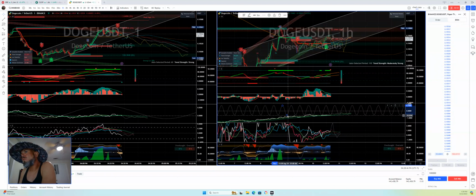Maybe it should be wider. Consider that to be the bottom right there, and then this to be the top. That does not work.